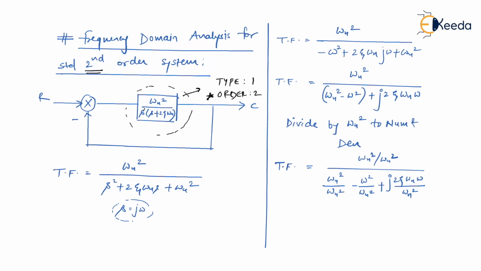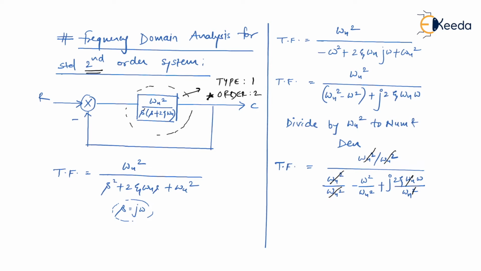So let us try to cancel out some terms. Omega n square cancels, omega n square cancels, and here omega n cancels. Whatever remains, let us write it.